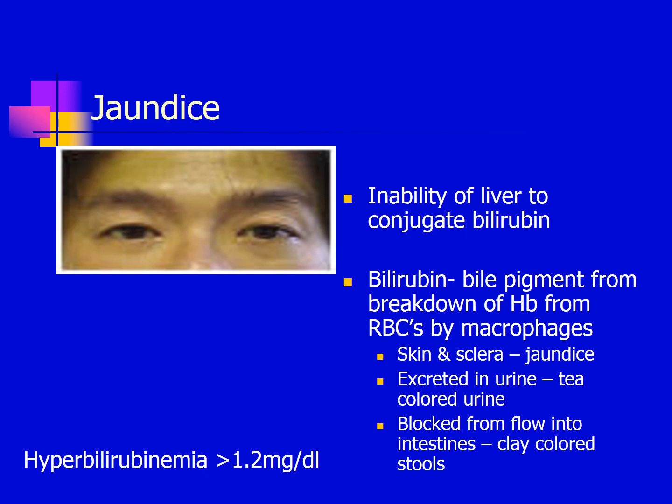It is the inability of the liver to conjugate bilirubin, because it needs to be converted. So skin and sclera show jaundice. When excreted in the urine, you're going to see tea-colored urine. And because of the blocked flow into the intestine, you see clay-colored stool. A high level of bilirubin is called hyperbilirubinemia.